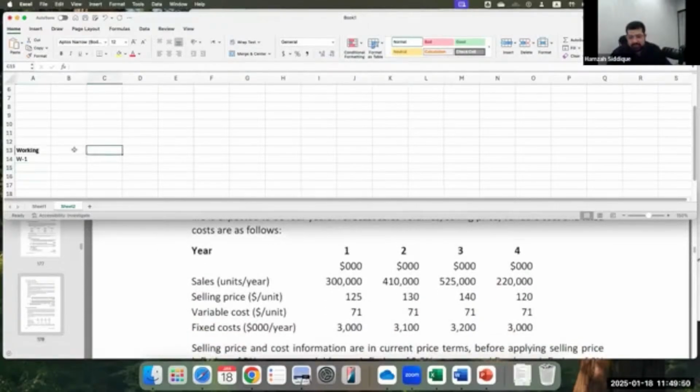Sales. So first of all, sales units for years one, two, three, four. We will write this, 3-digit round off.